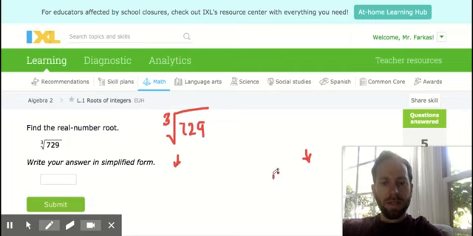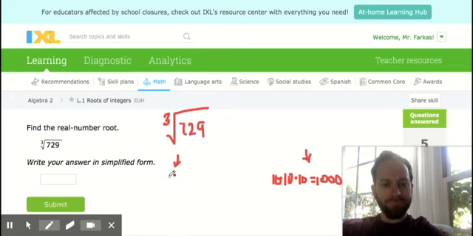I know that 10 times 10 times 10 would have a 1 with 3 zeros on it. That would be 1,000. And that's pretty close to this answer, but it's a little too high, right? We want 729. So I'm going to try a number a little bit lower than 10.